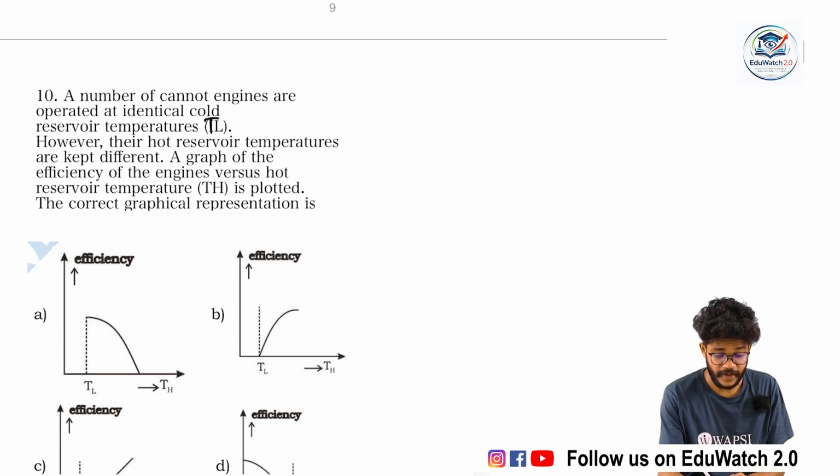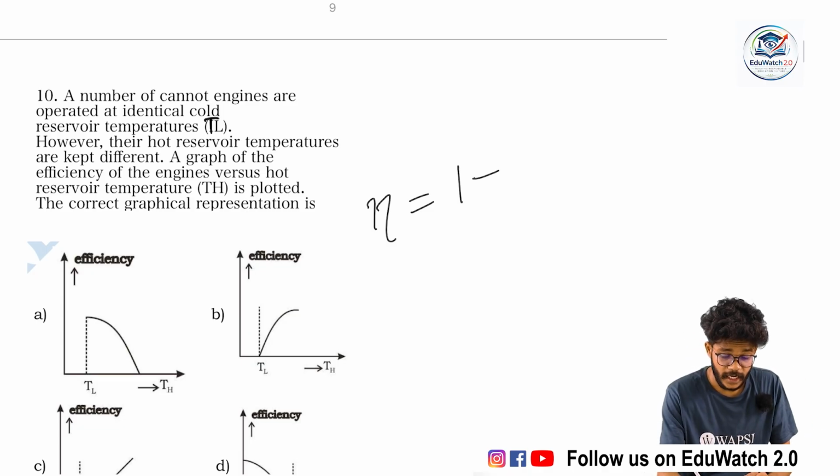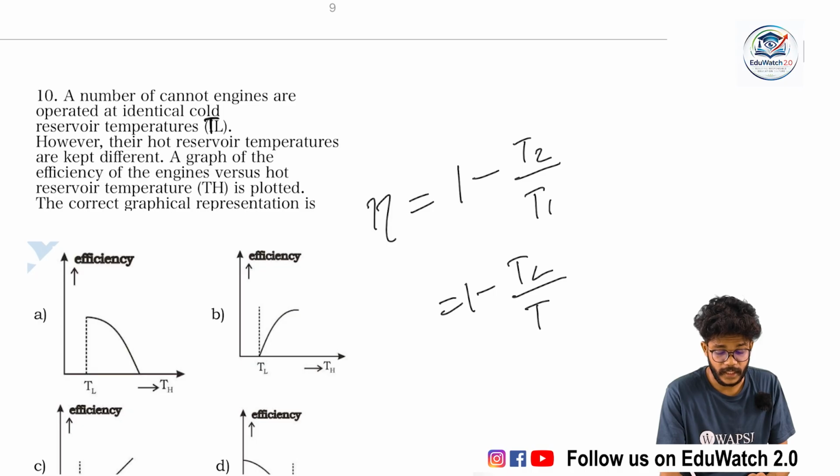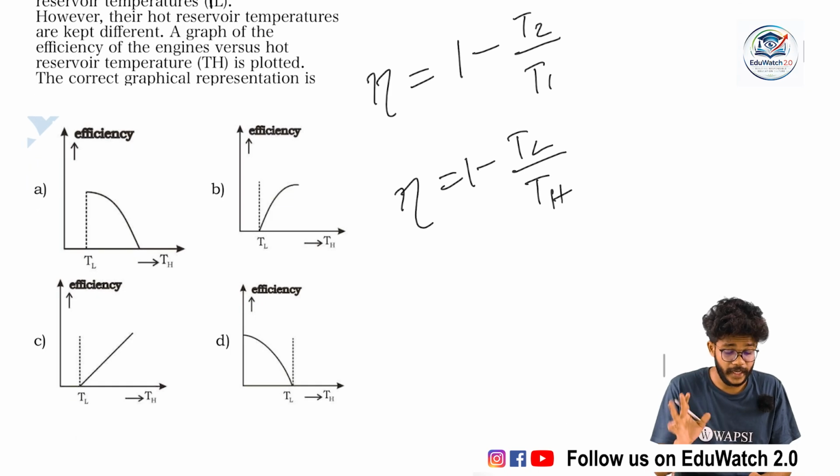We know that the efficiency eta is equal to 1 minus T2 by T1, which is equal to 1 minus T low by T high. That means when the high temperature TH increases, the efficiency should increase, up to a limit only.